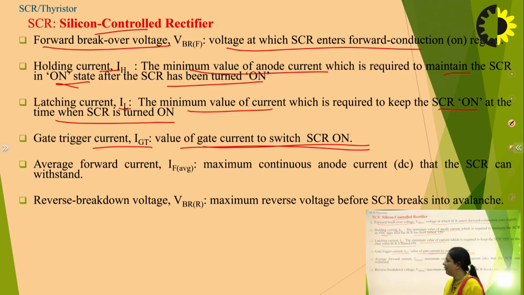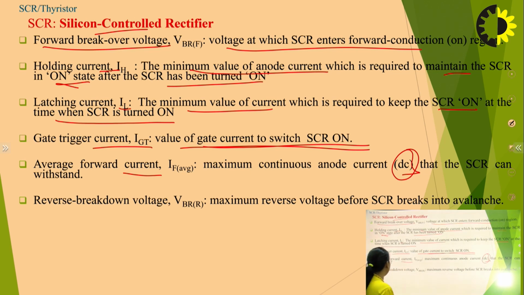Now, what is the average forward current? Average forward current is the maximum continuous anode current, or you can say DC current, that the SCR can withstand during its working, right?